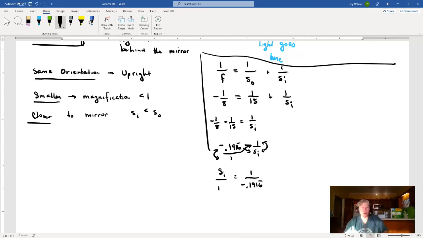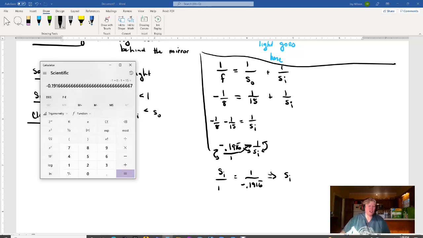So you can think of it either way. And when I do that on my calculator, I'll show you where that key is. On your calculator, this is your inverse key. You'll notice that there's a 1/x here. On your calculators, it's usually an x to the -1 key. But if I invert this, it'll flip it and it'll tell me the answer.